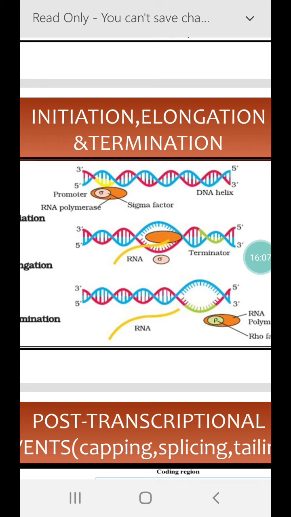The two strands of DNA separate from each other, and according to the base pairs on the template strand, complementary RNA nucleotides are selected and joined one after the other to form the RNA strand.